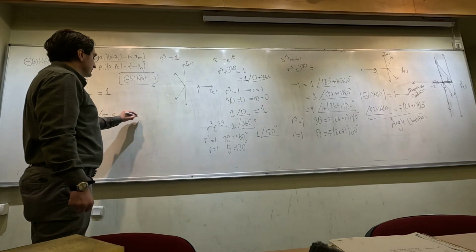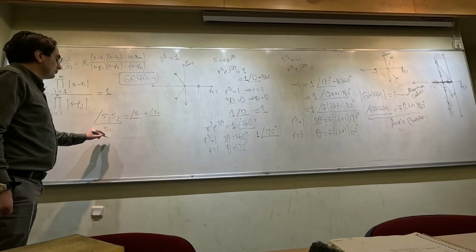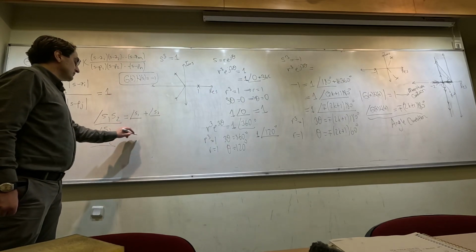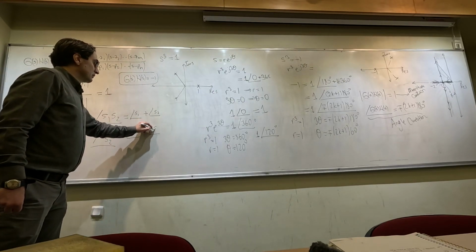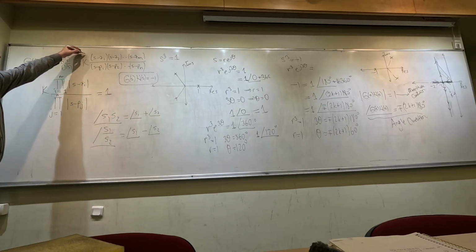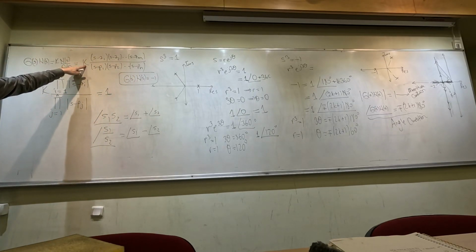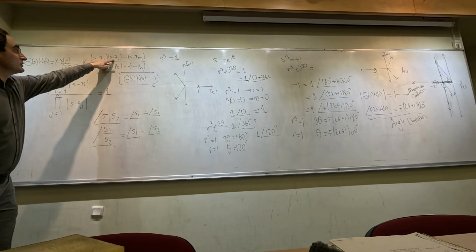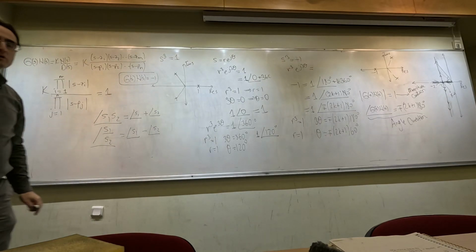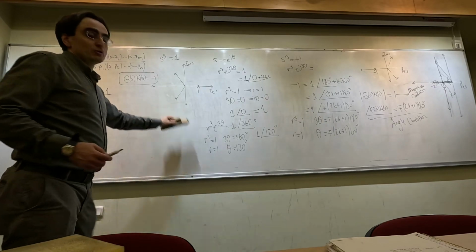This is going to be just a summation, angle of s1 plus angle of s2. And if I have a division, if I look at the angle, in this case it's going to be subtraction, right? It is minus angle of s2. So here I will do a similar thing. When I try to look at the angle of this quantity, it is going to be the summation of the angle of this one, angle of this one, angle of this one, minus angle of this one, etc. Okay? So here let us try to write the angle condition based on this.